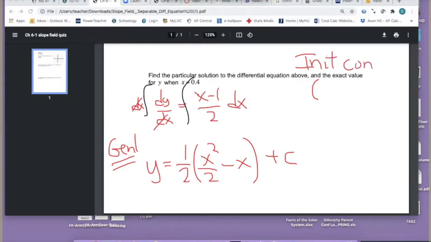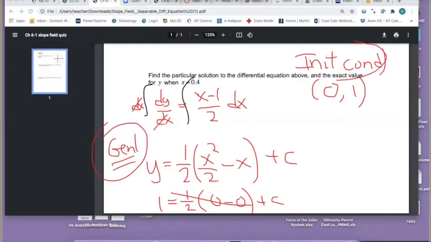It's going to tell us what that c is. Our initial condition was (0, 1). So what you do is you plug in zeros for the x's, you plug in 1 for the y, and I think this ends up being 1 equals 1/2 times 0 minus 0 plus c. So the c ends up being equal to 1.